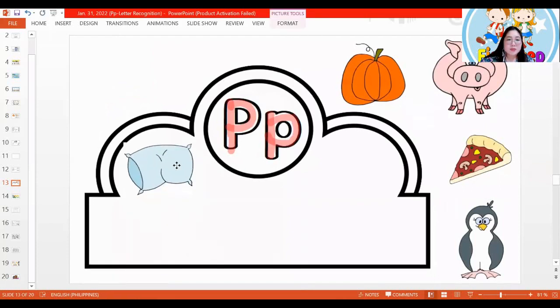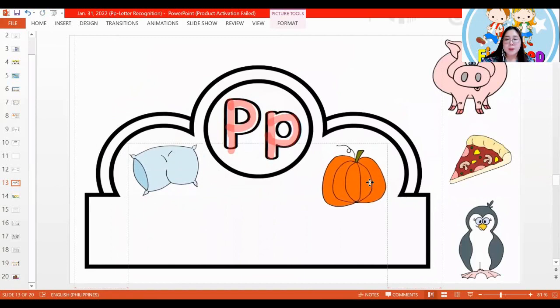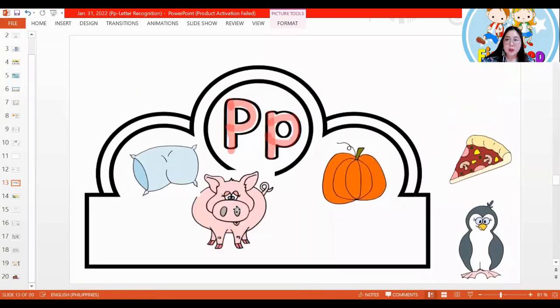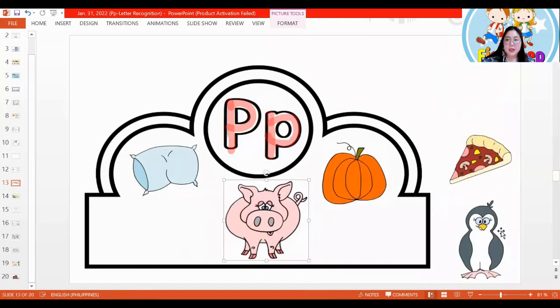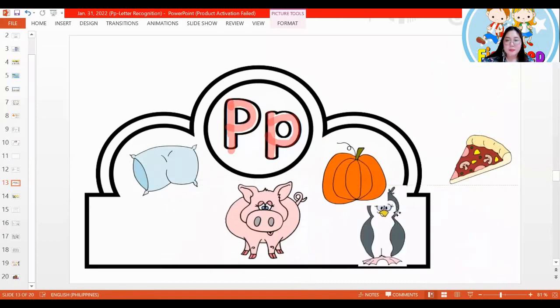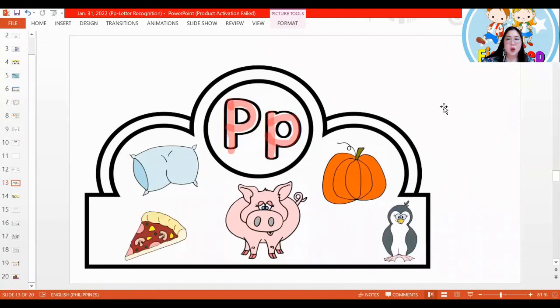So let's start with P is for pillow. P is for pumpkin. We also have P is for pig. P is for penguin. Let's make our penguin a little bit smaller there. And we have P is for pizza.